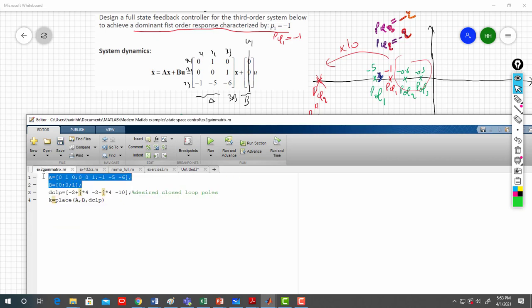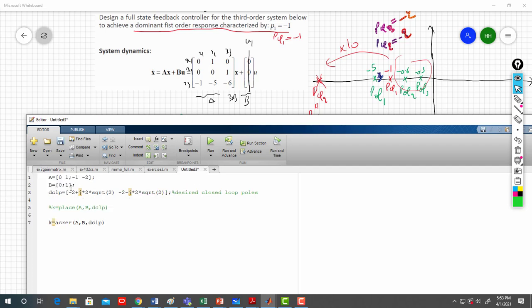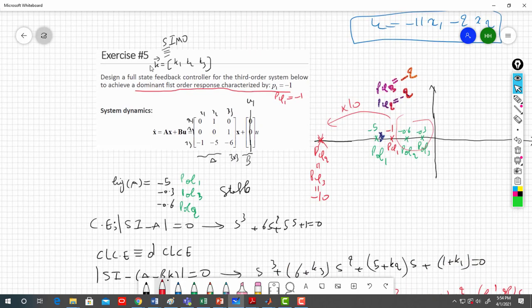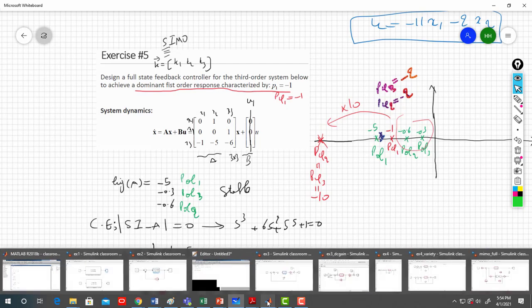Alright, so A and B: 0, 1, 0, 0, 0, 1, minus 1, minus 5, minus 6, and for B, 0, 0, 1. And your desired closed loop characteristic equation roots are -1, -10, and -10. As simple as that. You can use acker or place, and we will call it exercise 5 as the name given here.